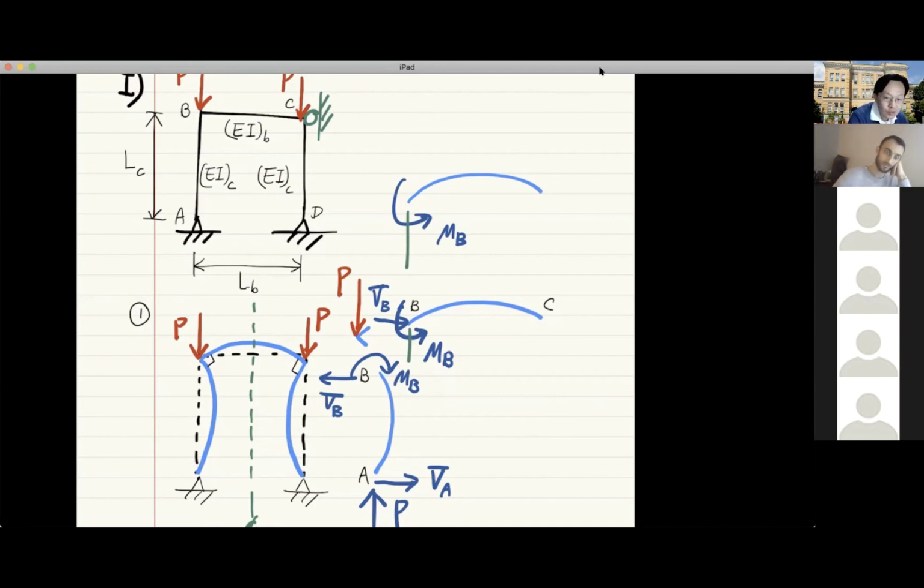So which direction should this shear force to member BC go? If it goes down, that means it will be going in the same direction as MB because it will produce the same moment. Correct? It will produce a moment in the same direction as MB. Can you see that?